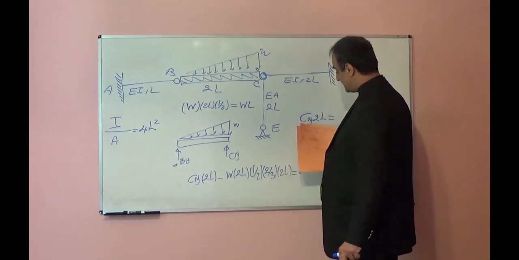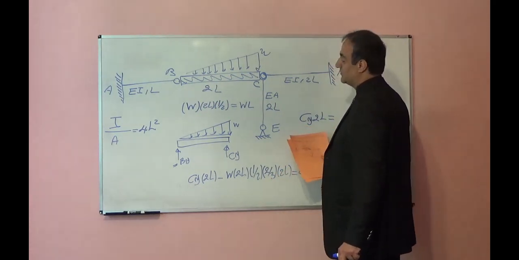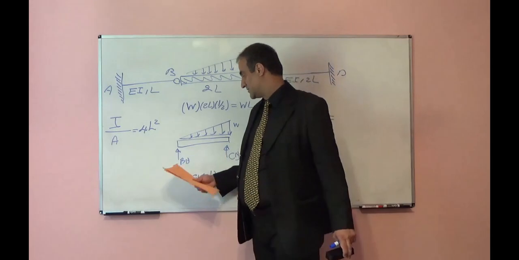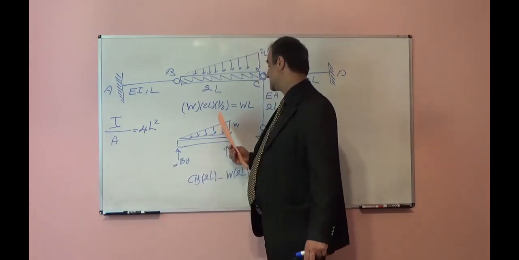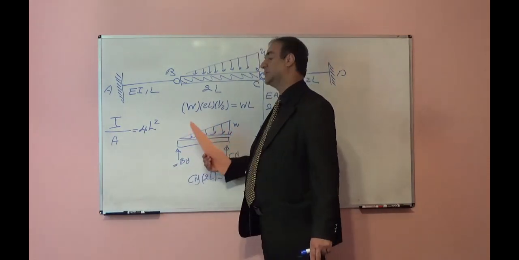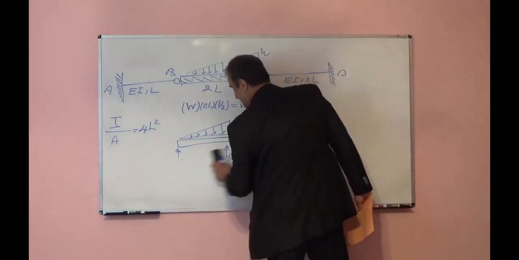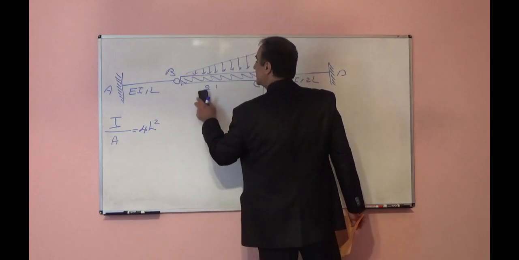From here you will find WL over 3. Then, if you write the summation of forces in the vertical direction, By plus Cy minus the entire load, W times 2L times half, is equal to 0. So from there you can find Cy and By.